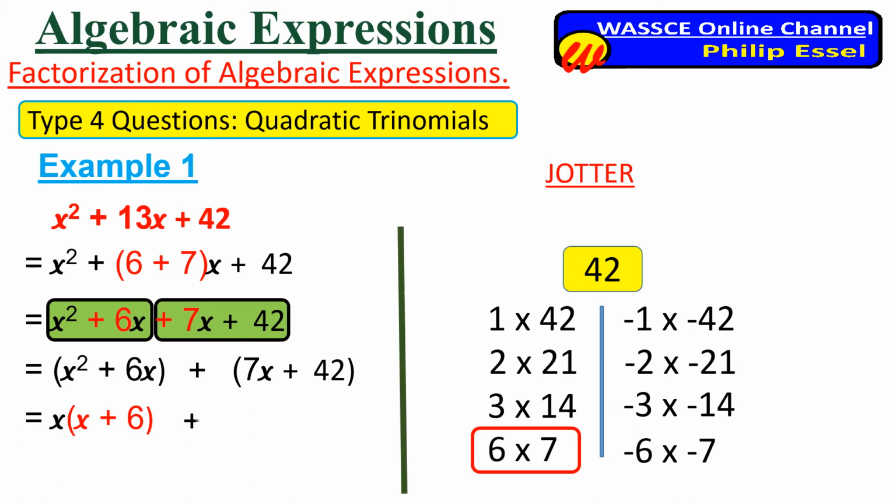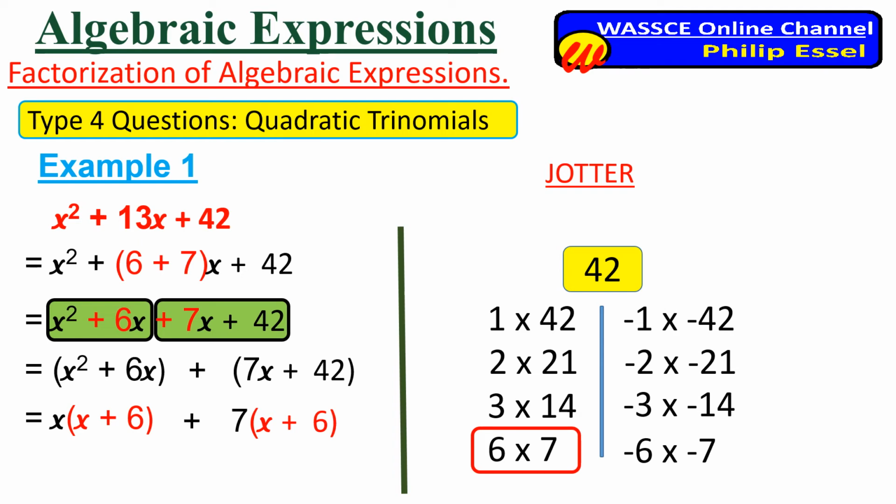When we are done, we bring our plus sign, then we factorize the second part of the expression, that is the 7x plus 42. When we do that, we would get 7 outside of the bracket, then our x plus 6 will be inside of the bracket. So that's how we can factorize that expression.